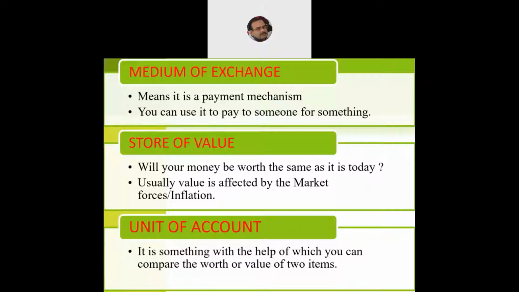So nowadays $1 is equal to almost 70 to 75 rupees. That's the range, which typically varies. So store of value means the value is usually affected by market forces or inflation, and inflation plays a very important role. There are two main factors for a rise or drop in inflation, one of which is the production level of the country.